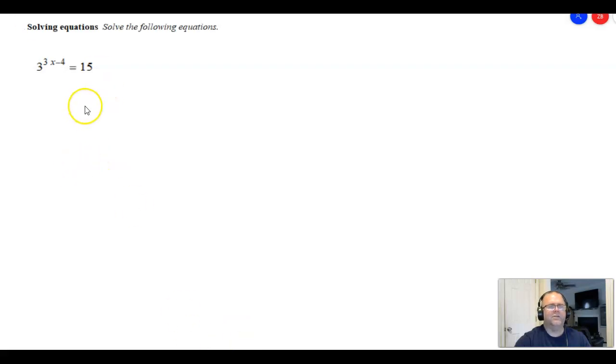So a little tool that we have in our toolbox whenever we're solving a problem where we have a variable in the exponent position is that we can take the log of both sides. Now, it's usually beneficial to either take the log base 10 of both sides or the natural log of both sides, which is the log base e. The reason that we use one of those two bases is because those are the two bases that most calculators use.